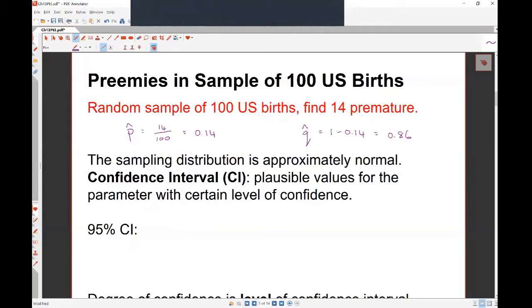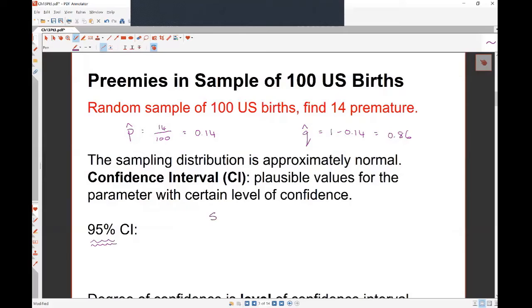Informally, a confidence interval is a collection of plausible values for the parameter of interest with a certain level of confidence. We'll dig into this formula a little more in a minute, but for now, I'm just going to jump right in and calculate a confidence interval with a 95% level of confidence.